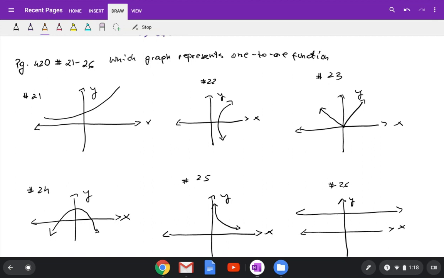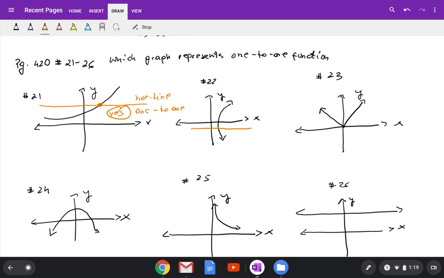Okay, so let's check what you guys are going to do. So I'm doing the horizontal line test. I'm drawing the horizontal line. Okay, since my horizontal line intersects the graph once only, yes, this is one-to-one. In number 22, I'm doing the same thing. I'm drawing a horizontal line. It doesn't matter where you draw. This is your test.